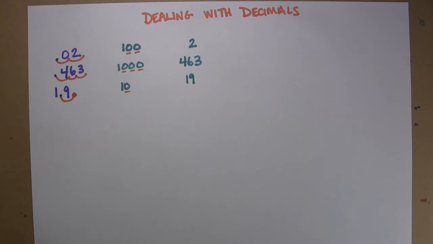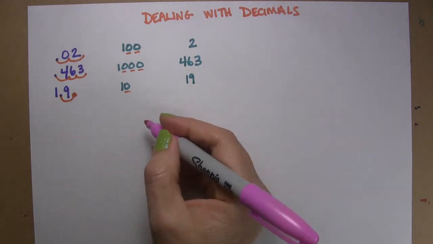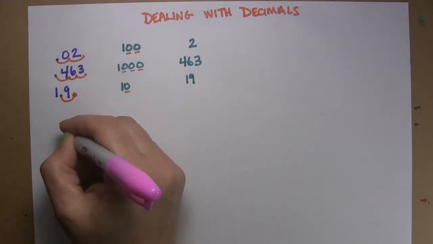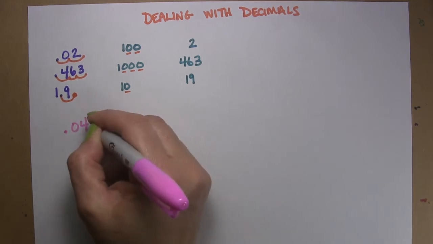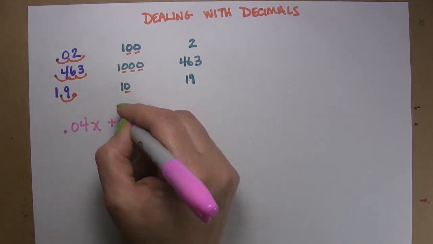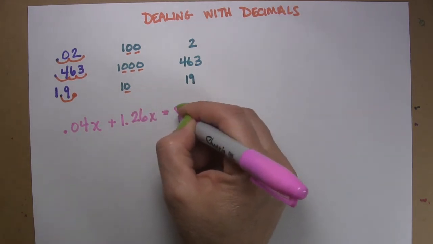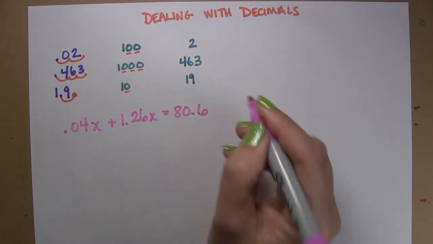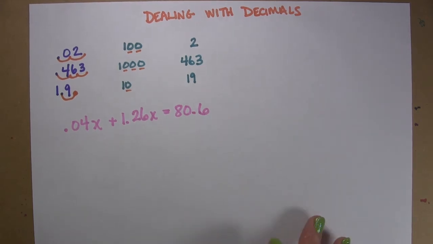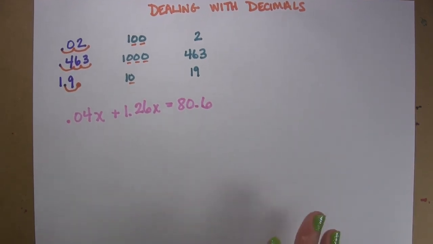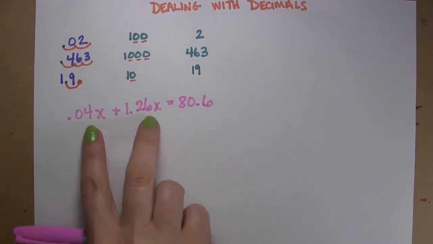Let's take a look at how we might use this when solving equations. Let's say we have the following equation: 0.04x plus 1.26x equals 80.6. Okay, now we could totally just solve this normally, right?